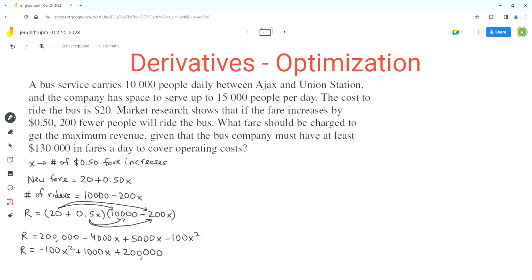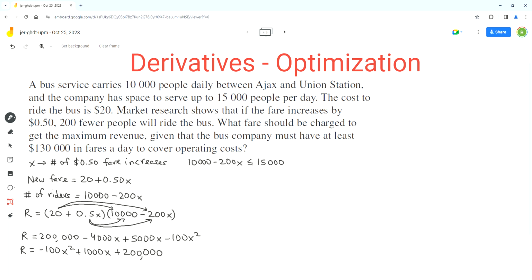Now we should find the domain for this function. As per the problem, the company can serve a maximum of 15,000 people. So that means the expression for the number of riders we got, 10,000 minus 200x, should be less than or equal to 15,000.